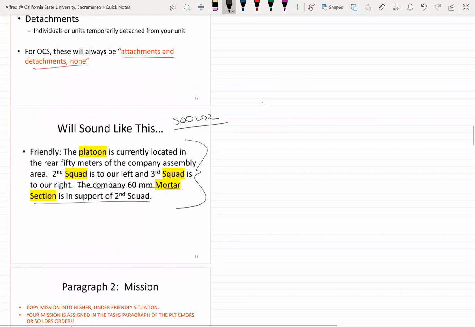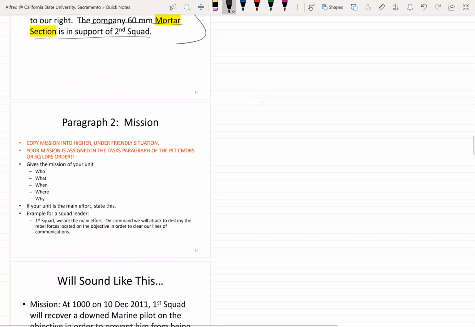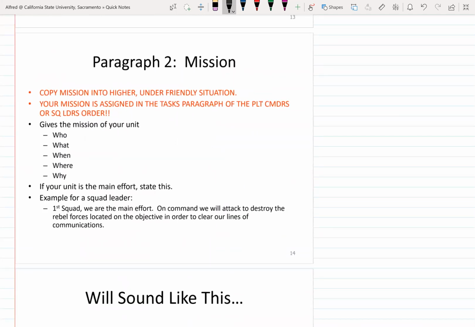Okay. So you come down here to mission. I put this in red. The mission, when you're being read, like when the instructor is talking to you and they start saying mission, he's telling you his mission. So like I said earlier, he's mimicking, like let's say you're a fire team leader and he's a squad leader, so he's one above you.